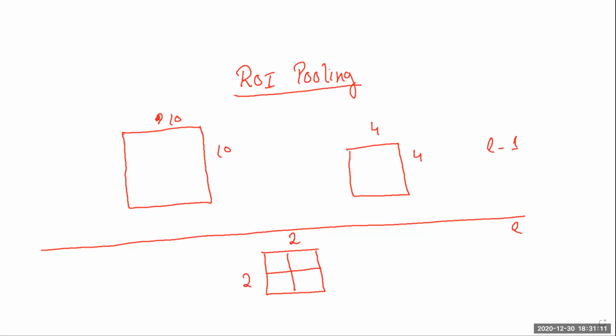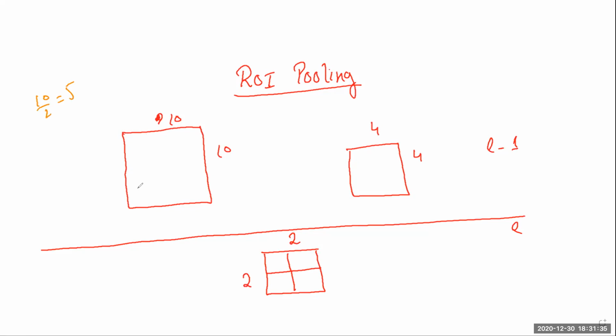So it means that 10 by 10 should also map to 2 by 2, and 4 cross 4 should also map to 2 by 2, right? So what you need to do is, your target is 2 by 2, so for this one you say 10 by 2, which is 5. Okay, so it means we will have a window of 5 cross 5 in this image.